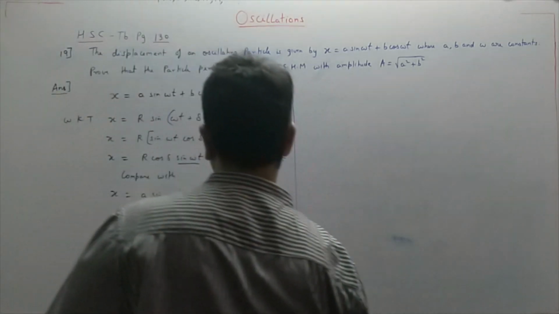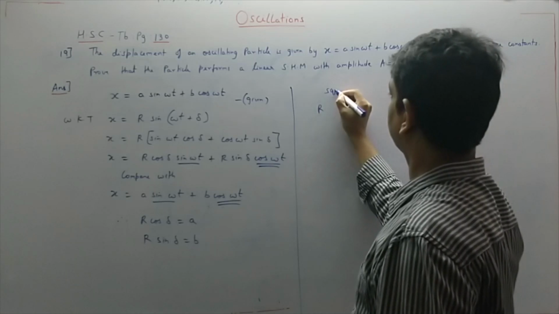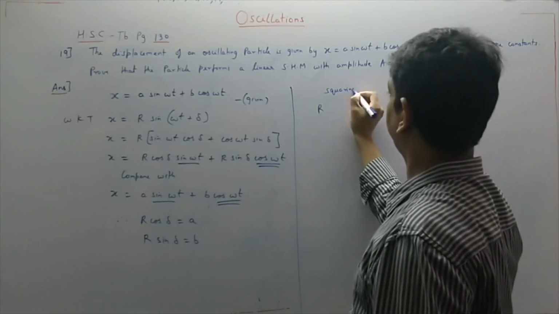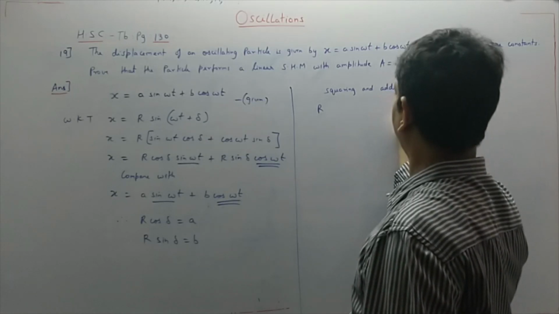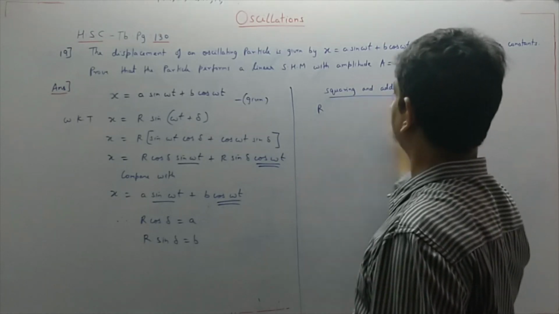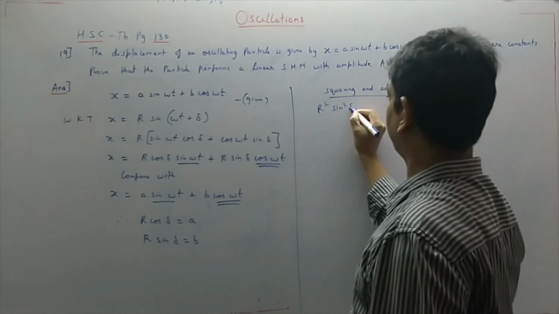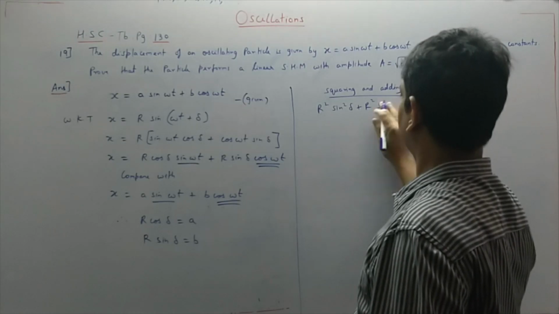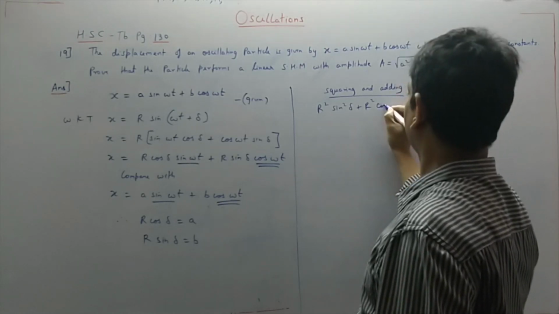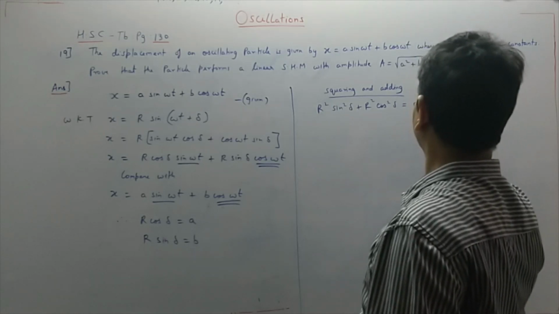Squaring both the sides and adding, we get R square sin square delta plus R square cos square delta, which is A square plus B square.